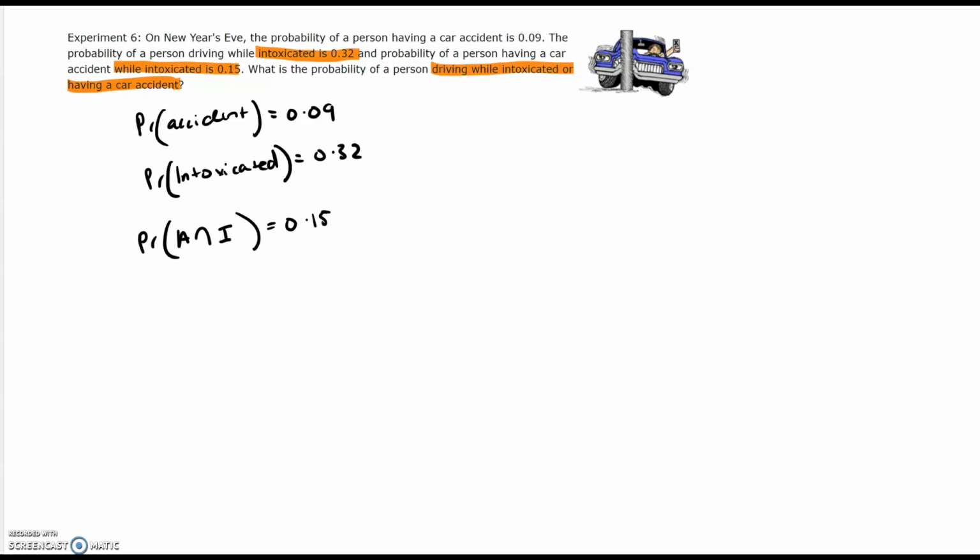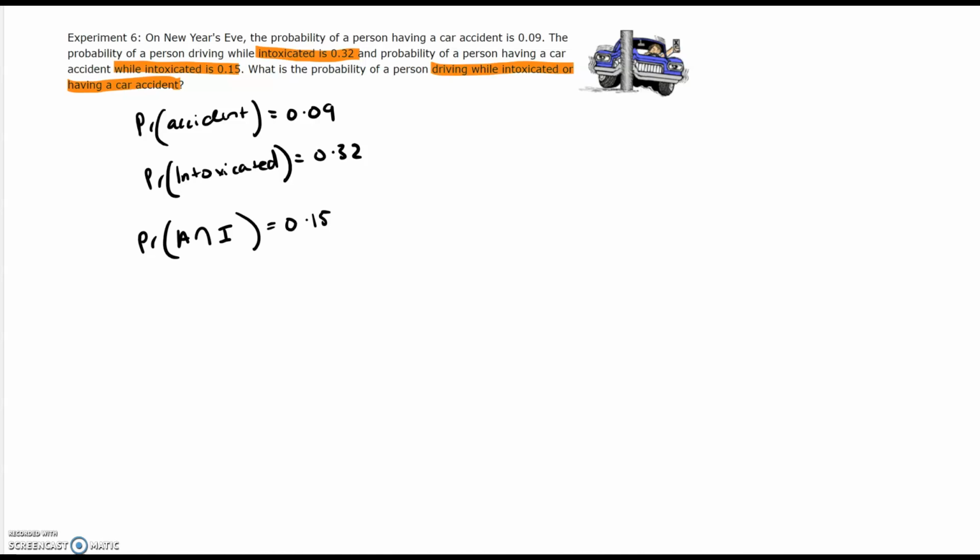Then we want to find out the probability of someone driving while intoxicated or having a car accident. In this case, we can use the same idea with the probabilities we did before. This case, again, is not mutually exclusive because you're looking at that combined probability where you've got that and event, accident and intoxicated, which we don't have with mutually exclusive.